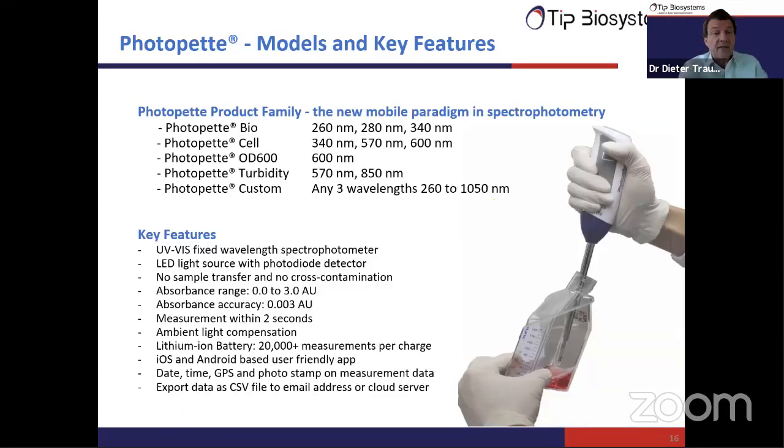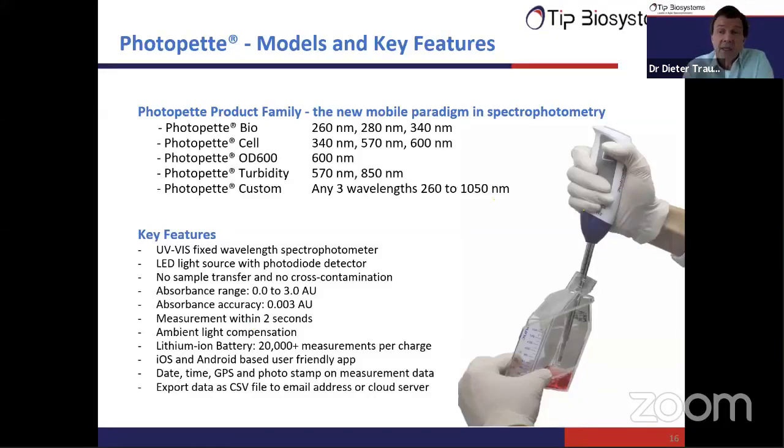The main advantage you have seen, there's no sample transfer, and because we are using this cuvette tip, if you're doing microbiology or molecular biology research, if you change the cuvette tip, there's no cross-contamination of your samples. We have a high absorbance range, high dynamic range. Measurements are very fast. They just take seconds.